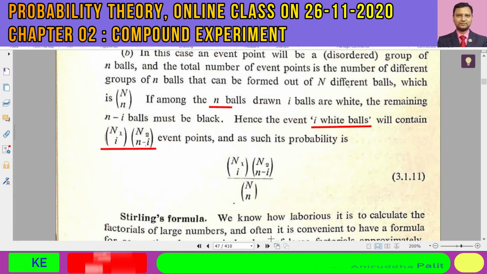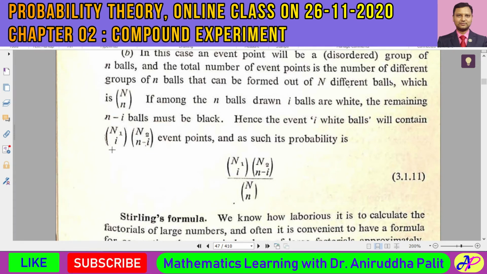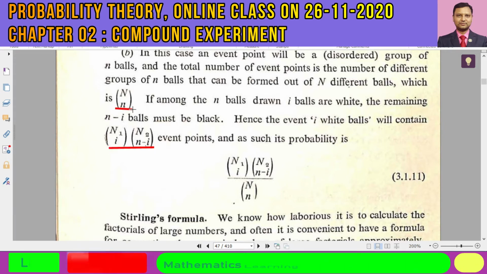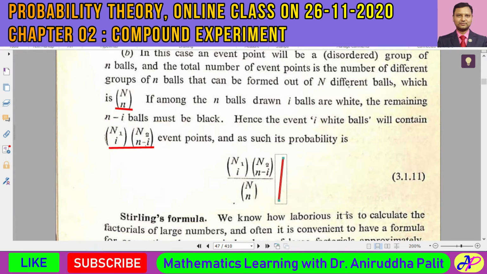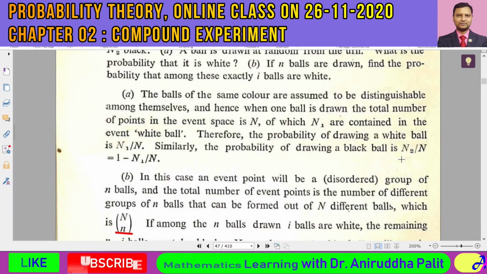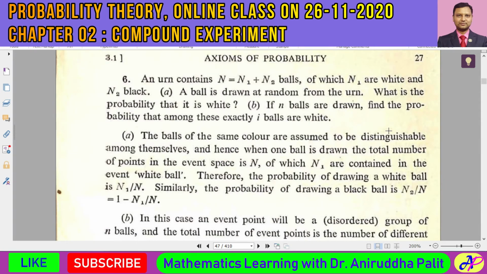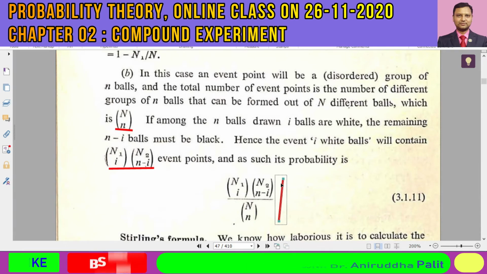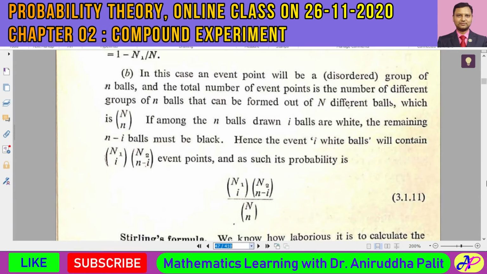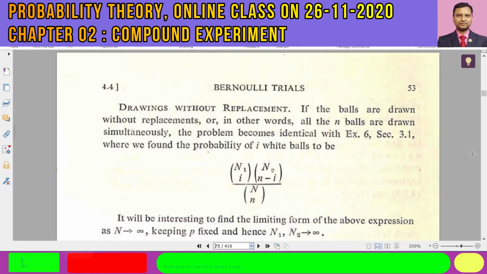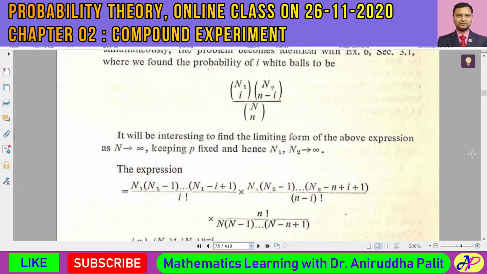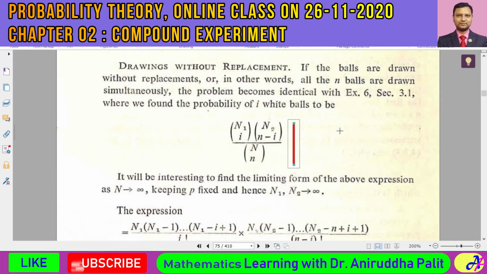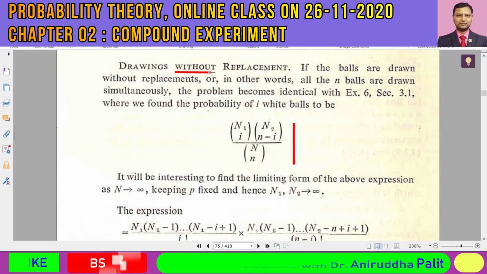Therefore, the total probability is this number divided by this number. That was discussed in the previous chapter problem. Now let's get back to the original problem from where we started. This is the probability of I white balls when the balls are drawn without replacement.